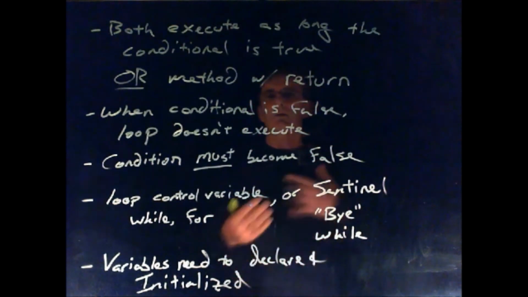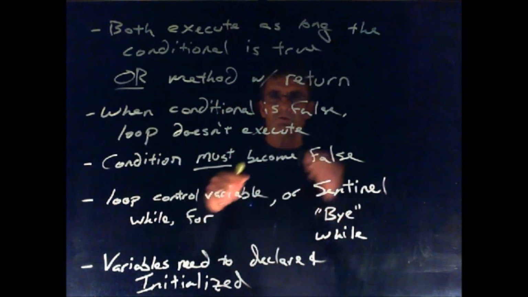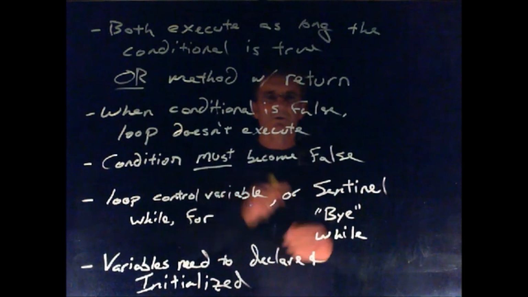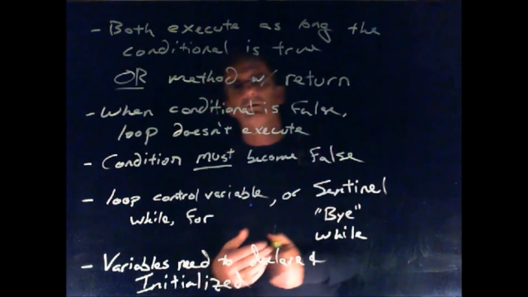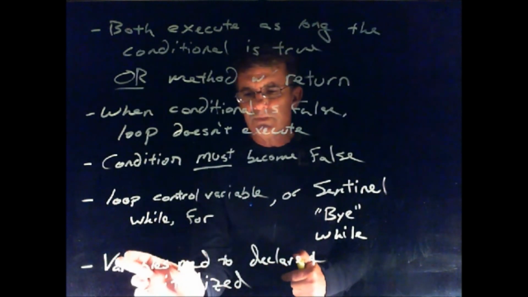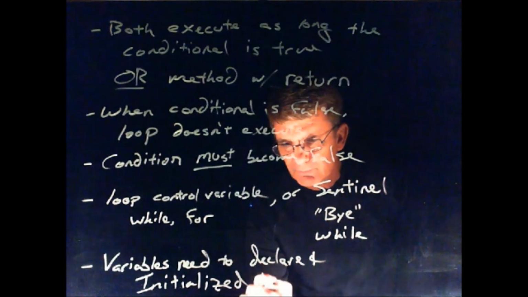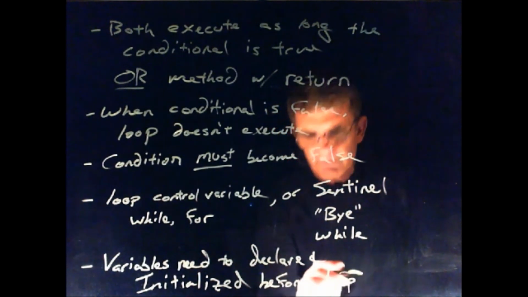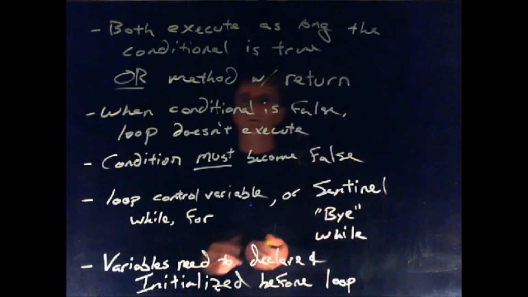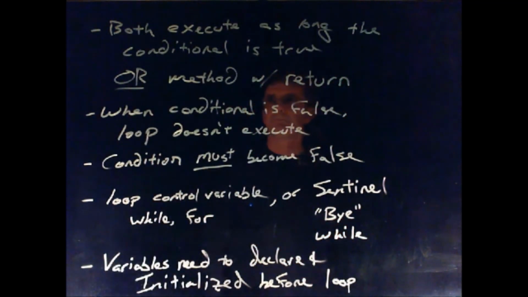If you declare a variable inside the loop, every time that loop executes, you're redeclaring the variable and basically resetting it. So variables used in the loop need to be declared and given some value before the loop. There may be limited exceptions to this. This is not a hard and fast rule, but it's pretty close.